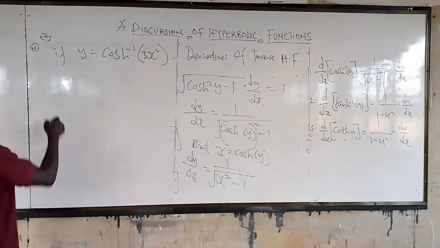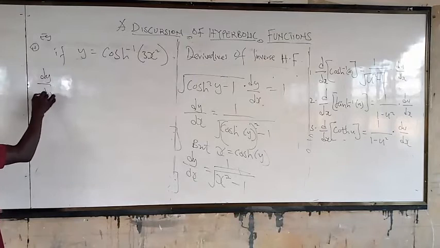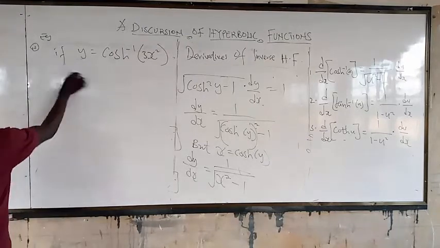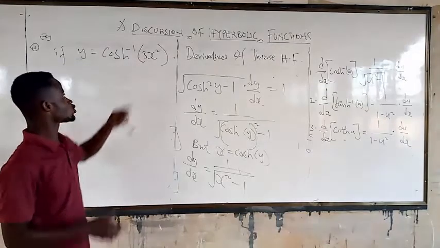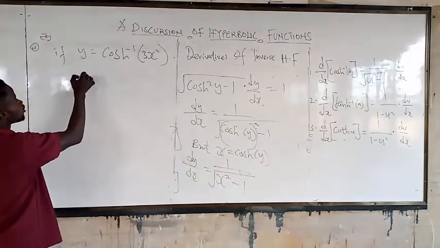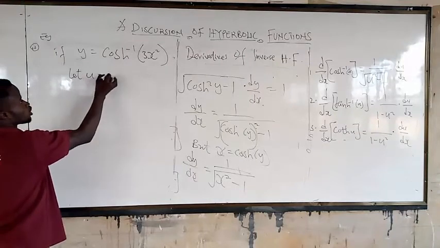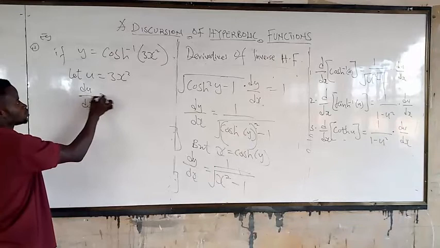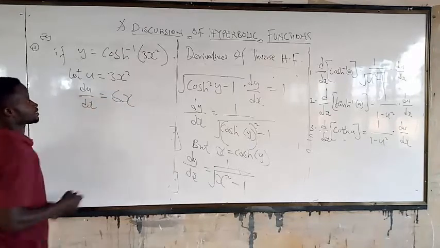So having this, you know that here dy/dx is going to be equal to, first of all, we have to put the inside here to be equal to u. So we let u be equal to 3x squared. So du/dx will be equal to 6x.